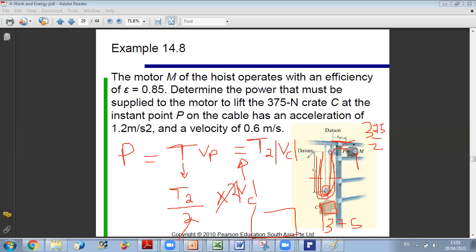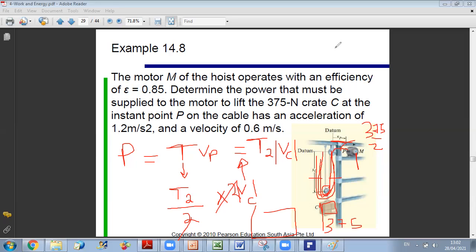Okay, so this is used a lot to lift heavy objects. You see, for example, in the old days when they wanted to lift animals, they would use this, because with a smaller force you can lift high weights.